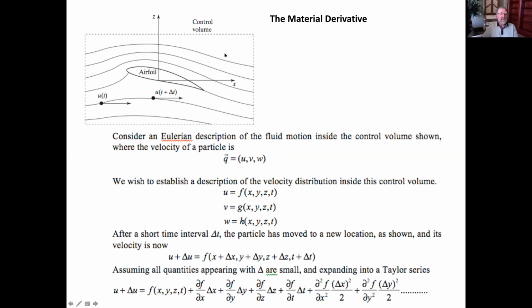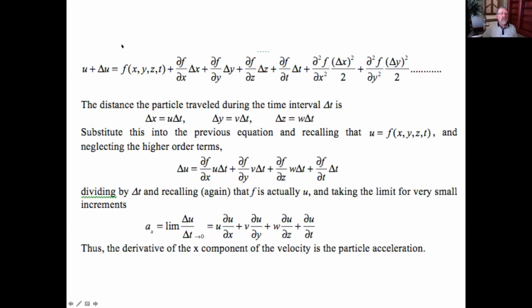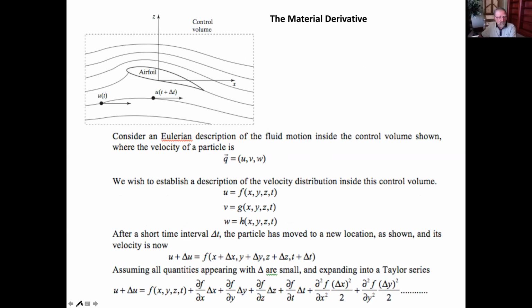So let's say that we are successful and we were able to develop in that control volume functions u, v, and w, which represent the velocity everywhere. Okay, let's say it's given. So if I go to this point here, it will tell me right away the velocity in the x direction is this and the velocity in the z direction is this.